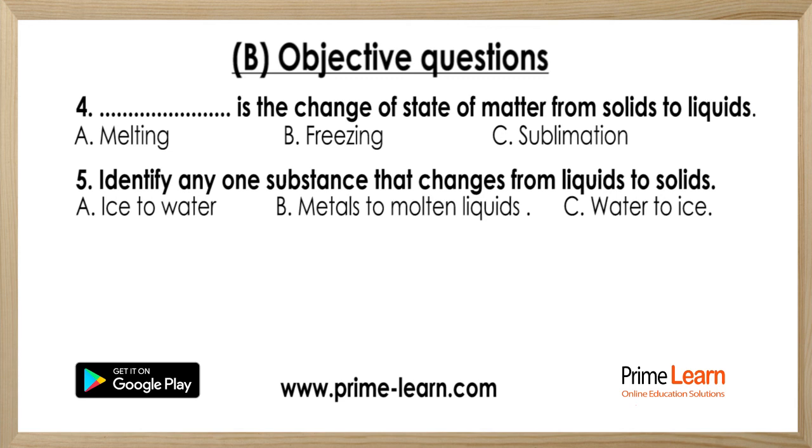So we don't take this also. Let us see. Objective C. Water to ice. Wow. I think water belongs to liquids, yes, and ice belongs to solids. So our one example of substance that change from liquids to solids is water to ice.